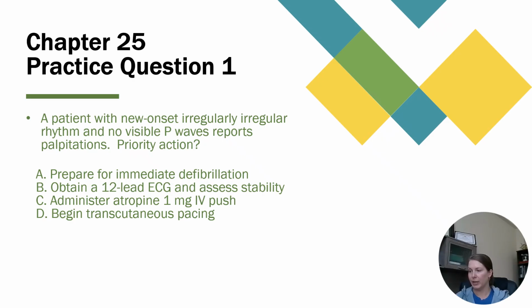There are no P waves and it's an irregular rhythm, so I would guess, without it being said, that this is going to be AFib based on the description. The question isn't telling us that they are unstable, so I would go ahead and obtain a 12-lead EKG.